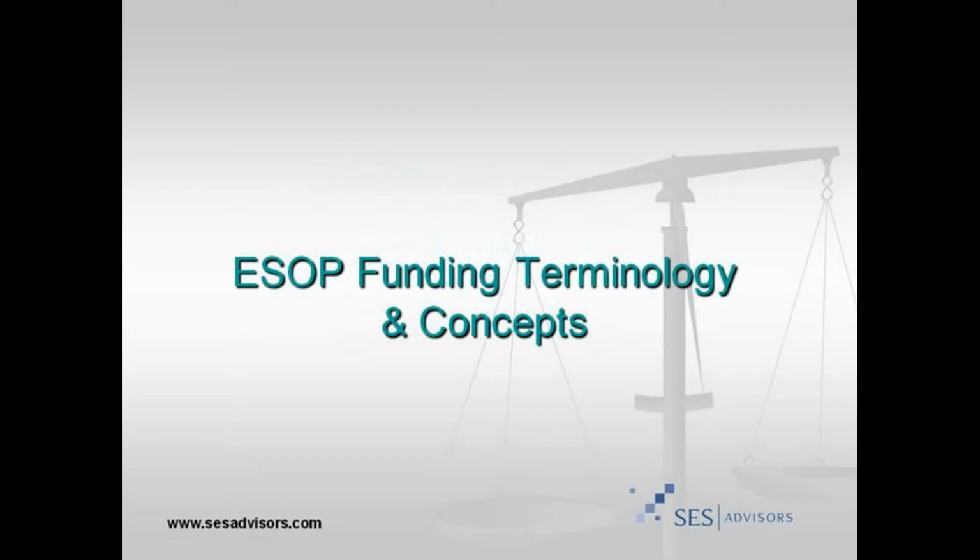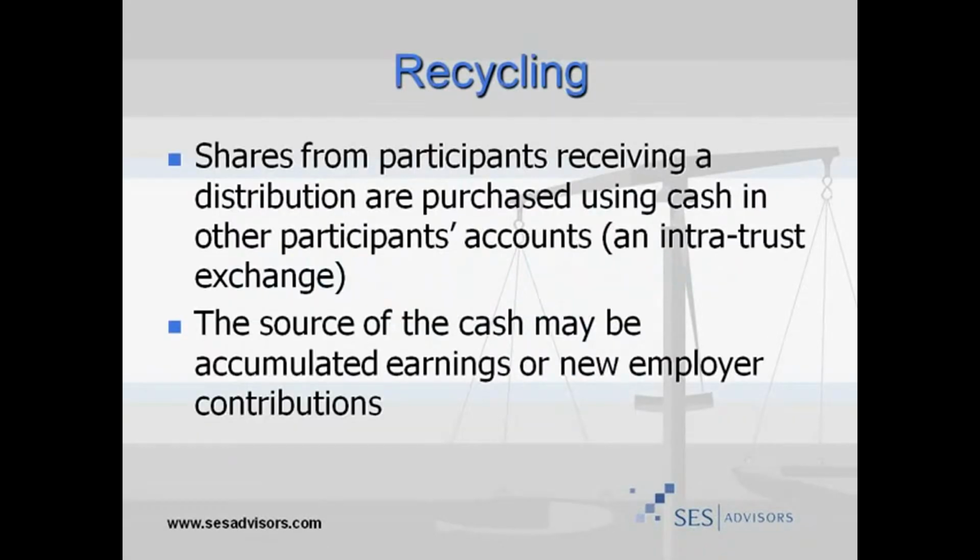Hi. Well, the first thing that we're going to talk about is recycling. Recycling, as many of you know, is when participants receiving a distribution receive cash and their shares are purchased by other participants with money from other participants' accounts, so that those shares are recycled throughout the plan.